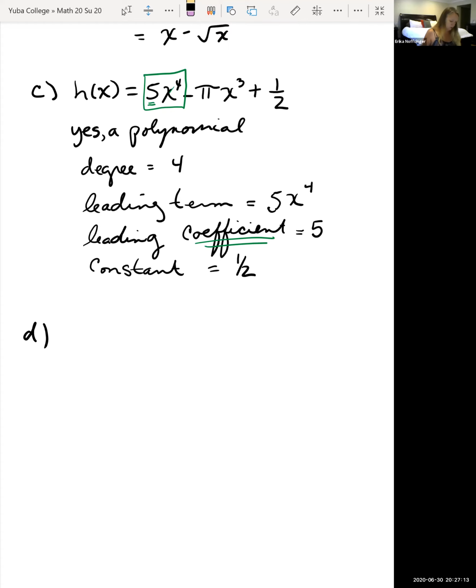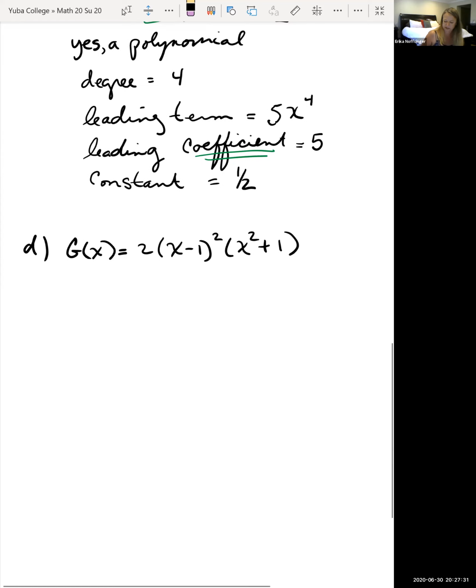Okay, so one more. What about capital G of x? And this is defined as 2 all times x minus 1 quantity squared all times x squared plus 1. So same questions.